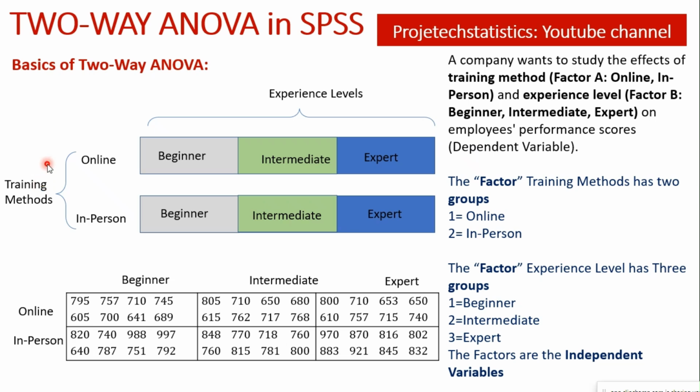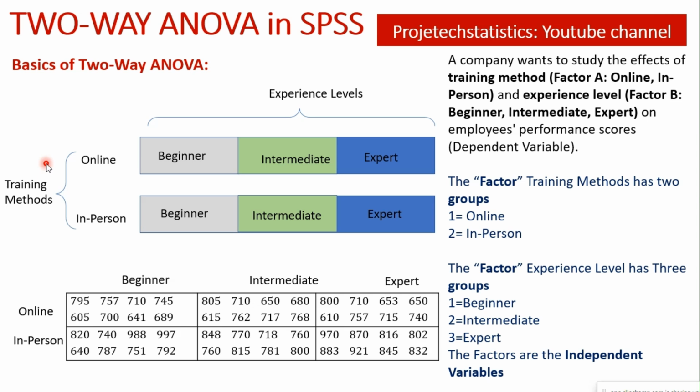So first of all, I'm going to go through the basics of understanding two-way ANOVA, a situation where you need to deploy two-way ANOVA, the structure of your data, and how to make your decision.